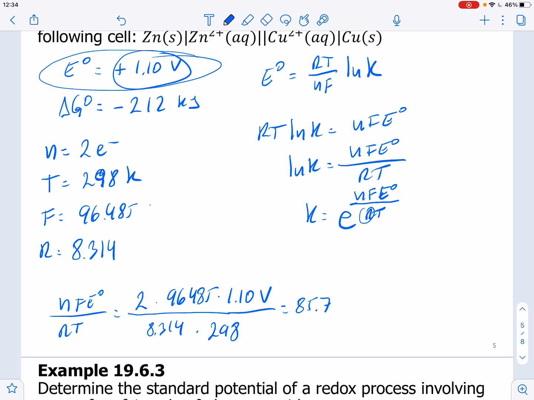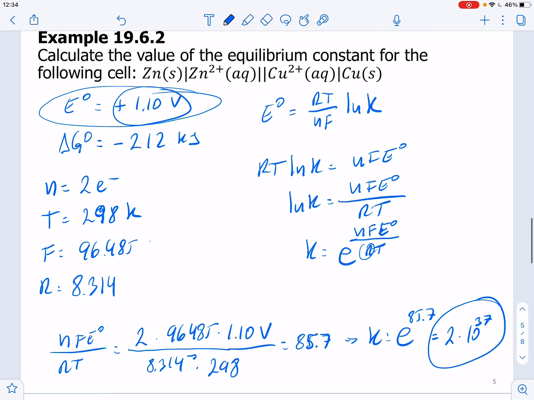Everything cancels here, so we end up with 85.7. So K is equal to e raised to the power of 85.7, and this is equal to 2 times 10 to the power of 37. So this is the value of K, and this is a really large value of K. This is a reaction that is very, very favorable.